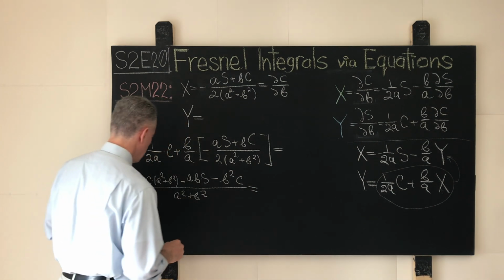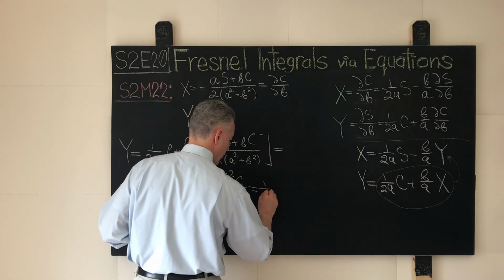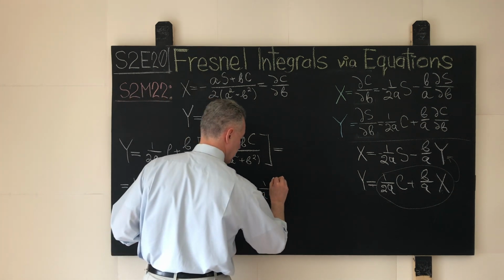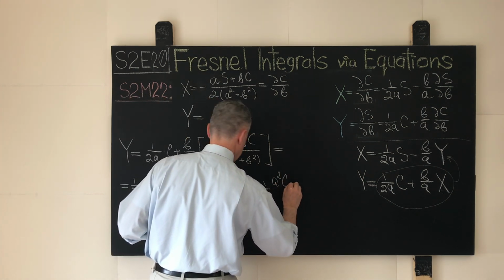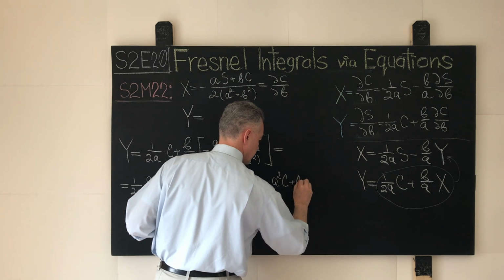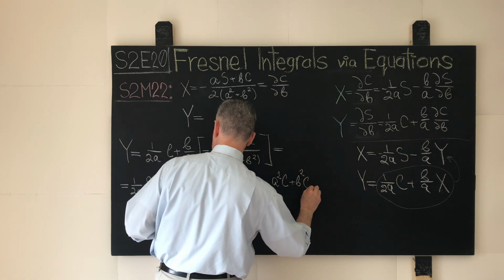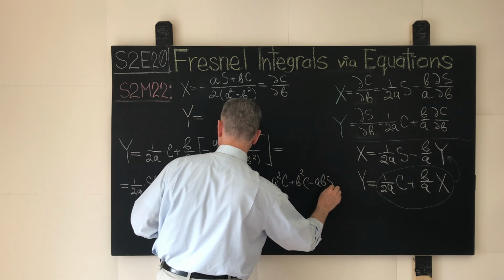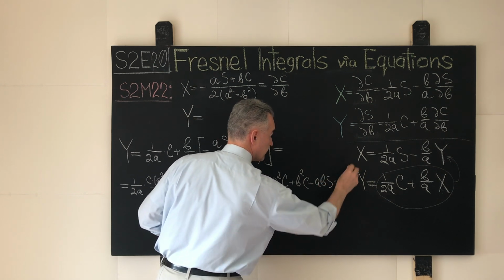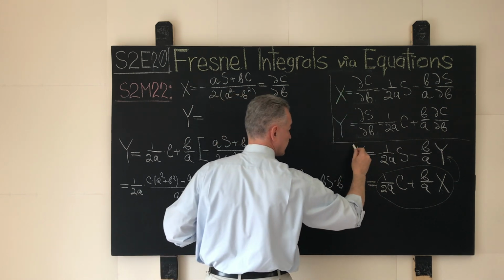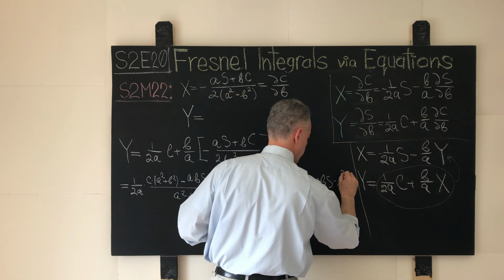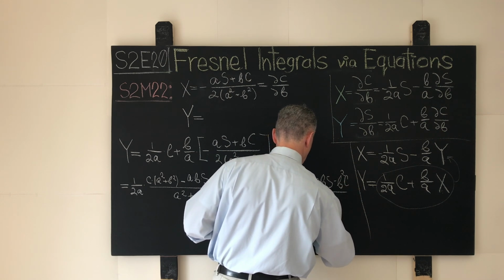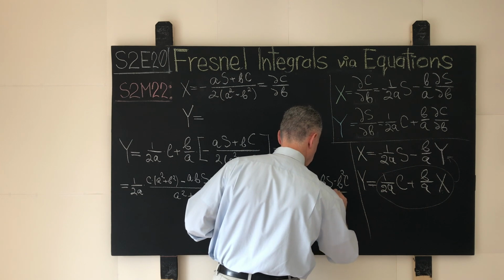What do we have? 1 over a times, let's see, spell it out, a squared c plus b squared c minus a b s minus b squared c, over 2 over a squared plus b squared.